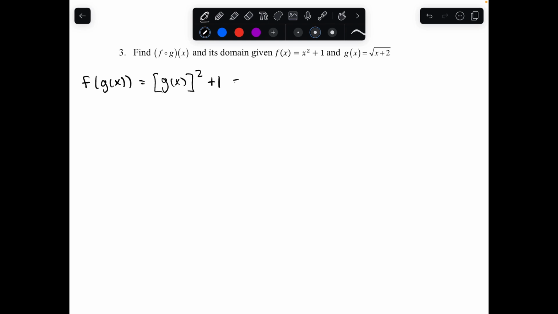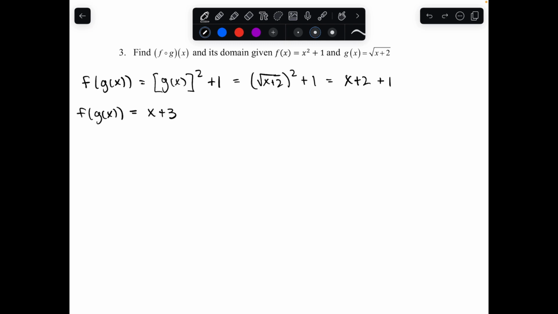So let's substitute that in, and we get the square root of x plus 2 quantity squared plus 1. Now the square root and the square are going to cancel each other out, and so we'll be left with x plus 2 plus 1. So f of g of x is equal to x plus 3.